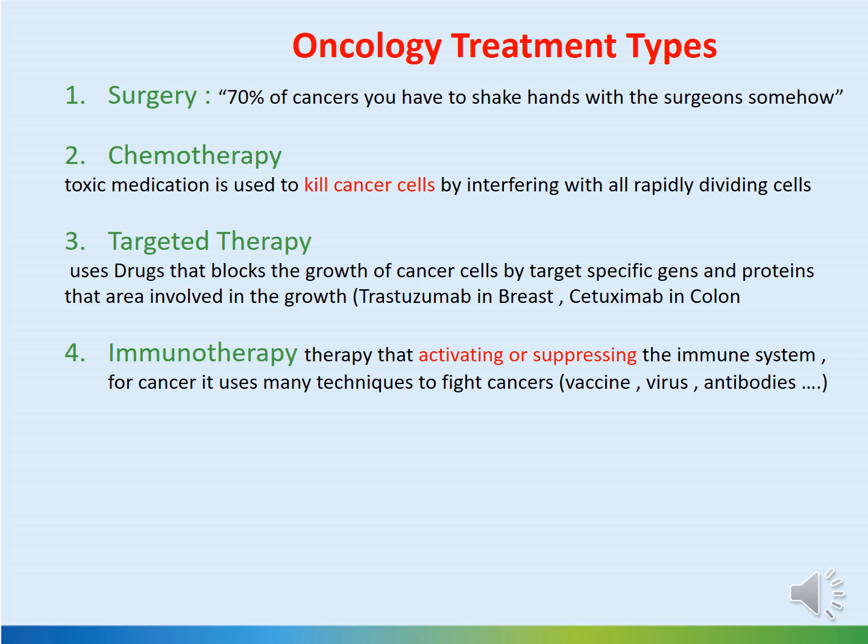We can give a vaccine, we can give types of viruses inside the body, we can give antibodies directly against the cancer. So we activate the immune system in order to identify the cancer and fight against it.